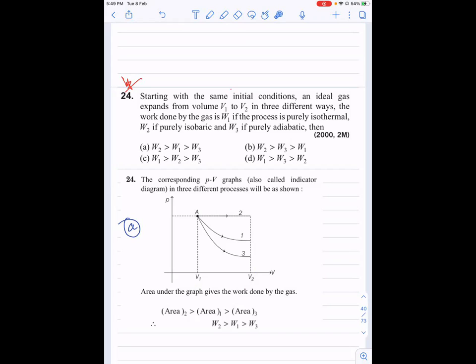It is for the same gas. You take the same gas and expand it isobarically, then expand it adiabatically and isothermally, and for the same change of volume V1 to V2.